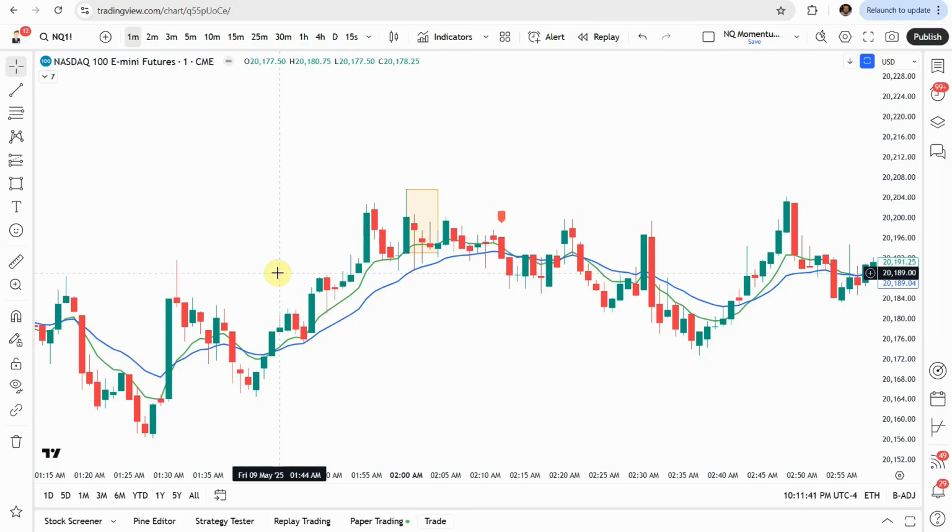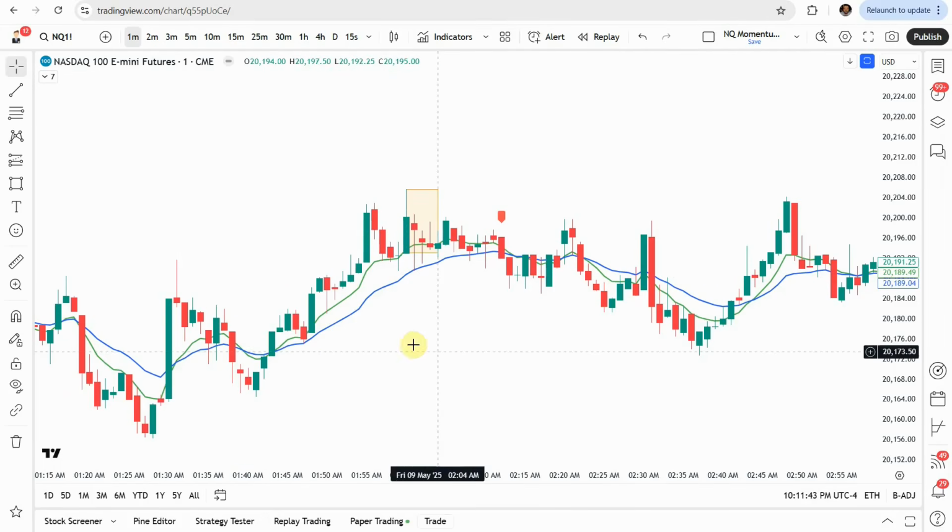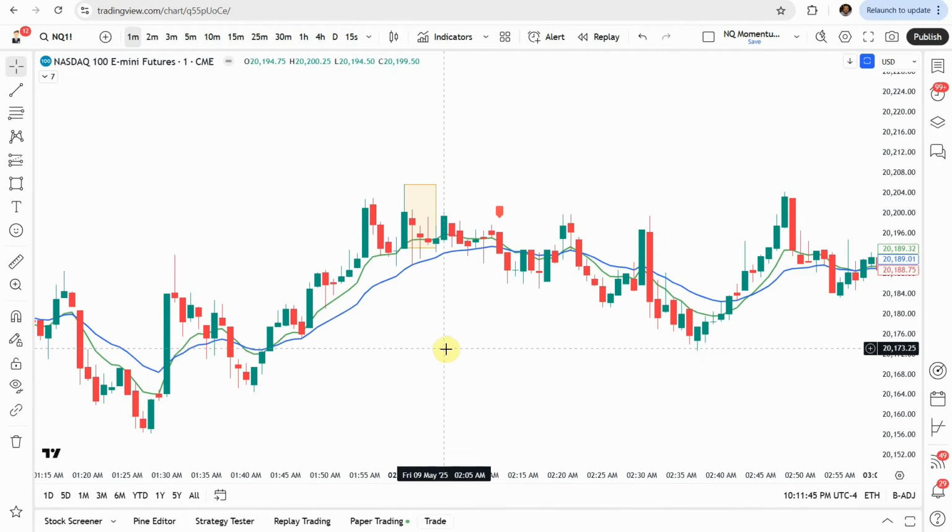Okay, so let's dive into the indicator here so that way you can take a look for yourself to see if it's something you are interested in. So first of all, we have two moving averages right here, and they'll come into play here in just a moment. But the real benefit of this indicator is this box right here. As the name implies, this is the breakout box.